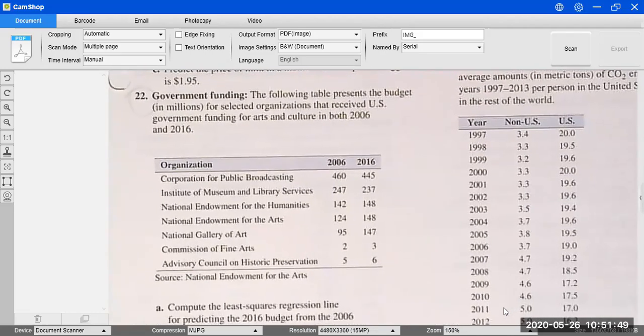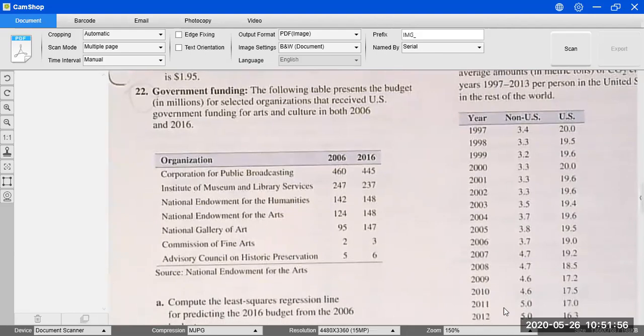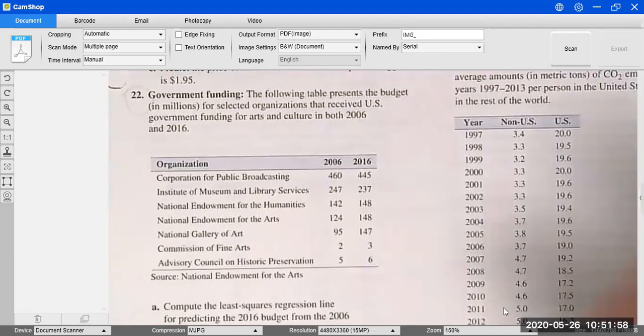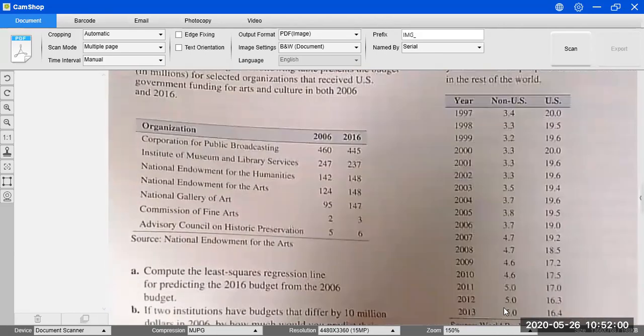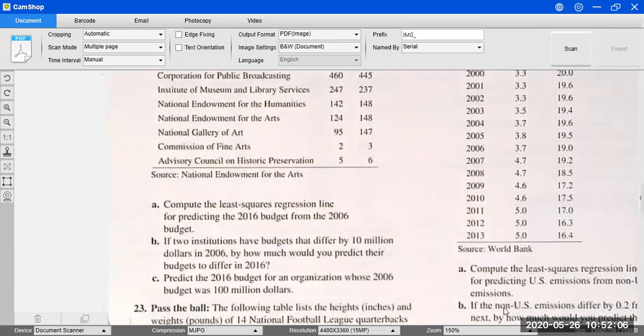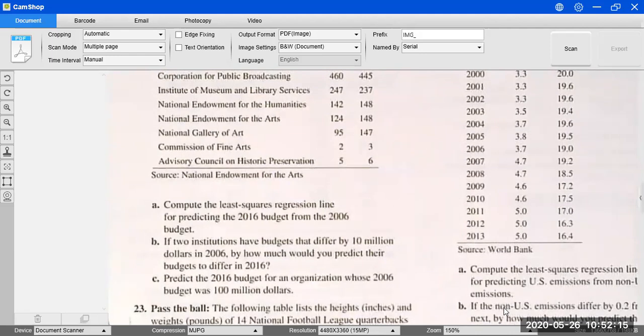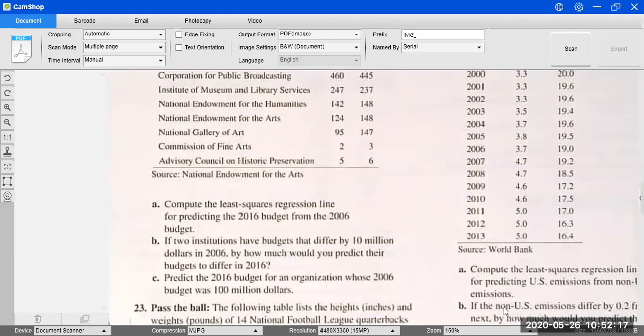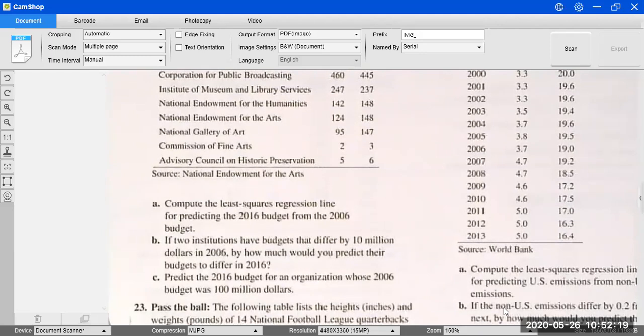You already have these data sets, your X's and your Y's. So now you're going to compute the least square regression line. Then you're going to have a question about two institutions having budgets that differ by $10 million in 2016, but how much would you predict their budgets to differ in 2016?